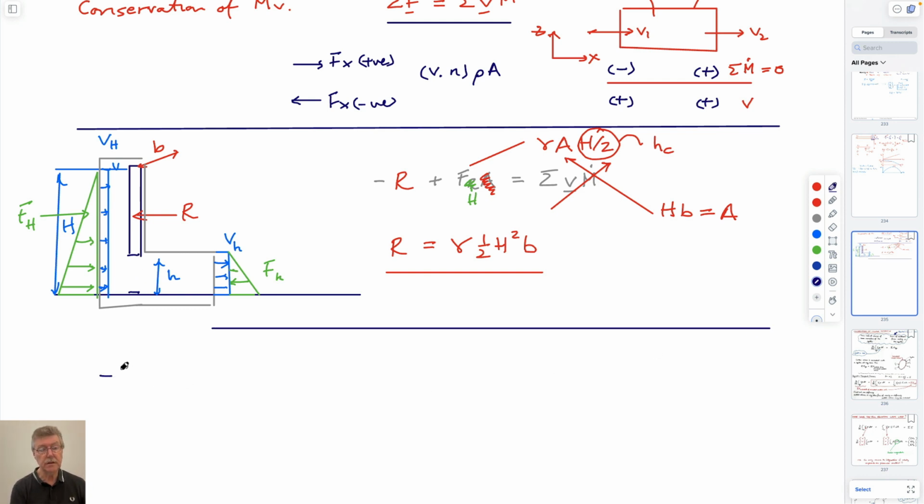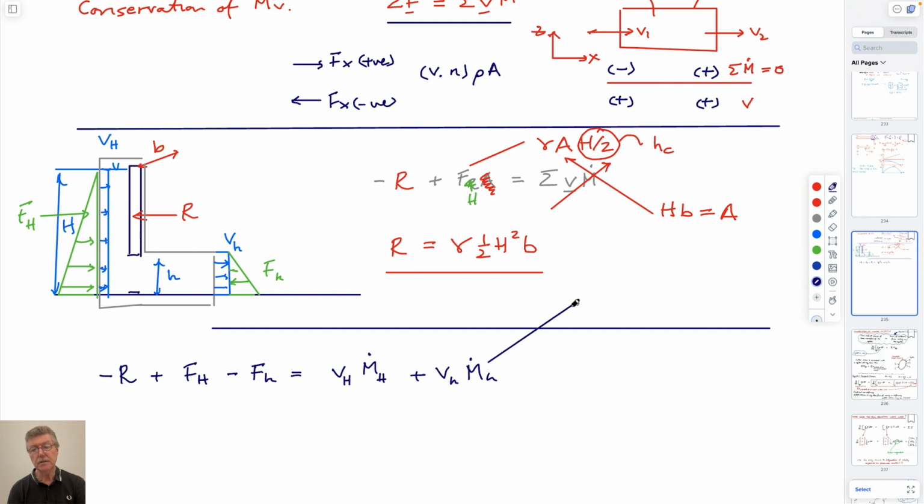So minus R is acting, plus F uppercase H minus F lowercase h is equal to the velocity H times mass flow rate H plus the velocity lowercase h times the mass flow rate lowercase h.